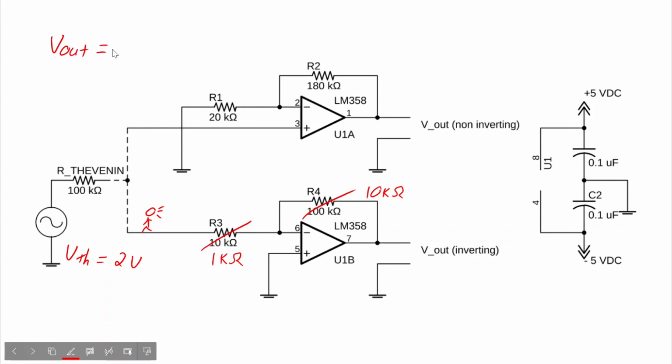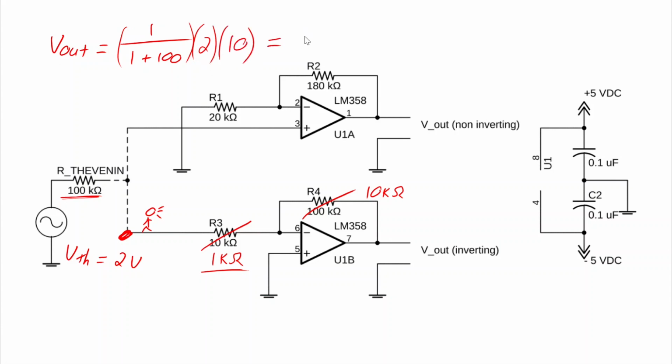of, let's see, remember we need to do a voltage divider here, of 1 over 1 plus 100. That's this 100K and this 1K, multiplied by the Thevenin voltage of 2, and then we'll multiply by the gain of the amplifier, which is 10, which gives an output voltage of approximately 0.2 volts.